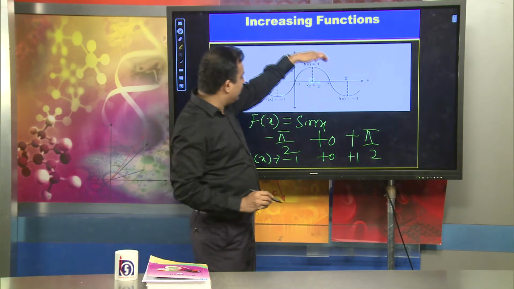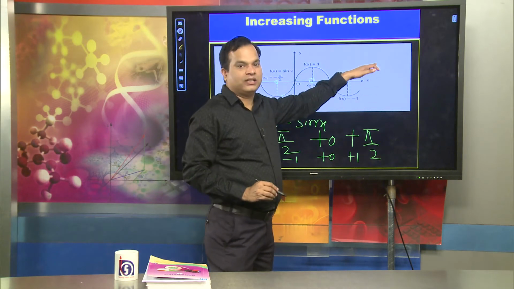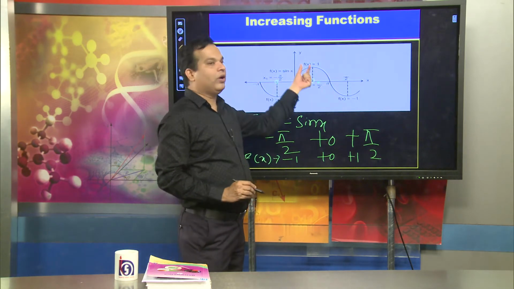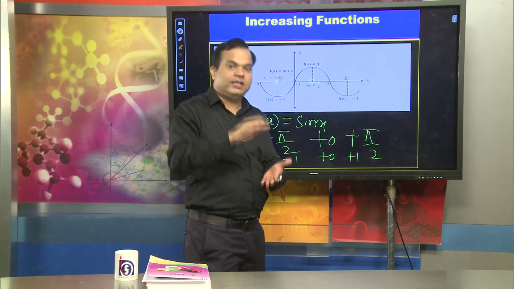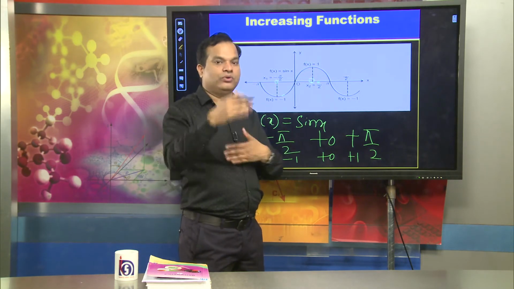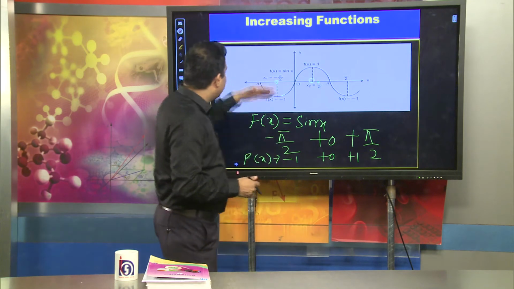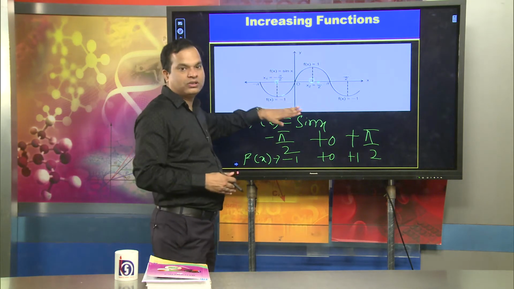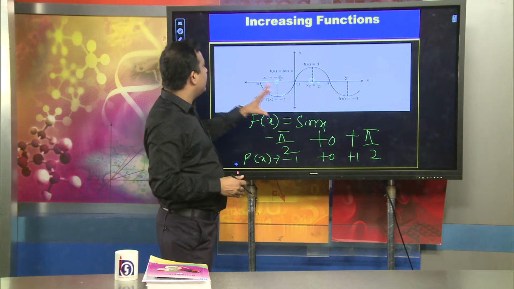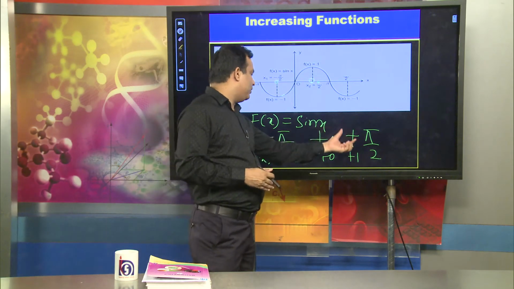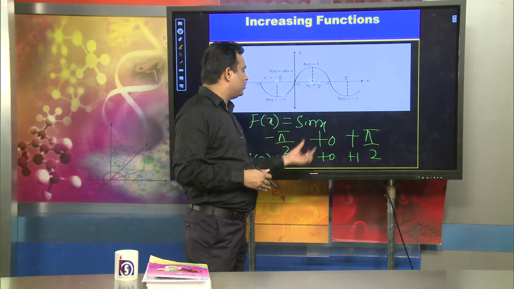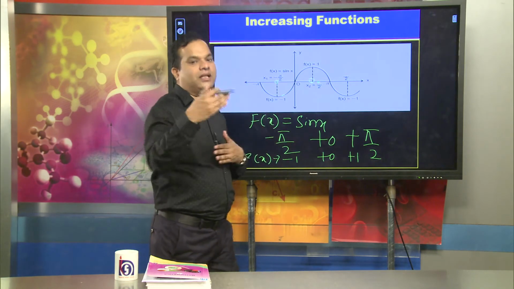Then after that it starts decreasing. Also there is an optimal point, at which the function is maximum. That part we will discuss later, but if we look at the nature of the function, we can say sin x is an increasing function from minus pi by 2 to pi by 2, that is from minus 1 value to plus 1 value. Then after that it starts decreasing.